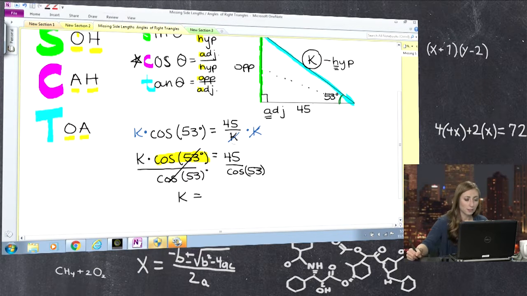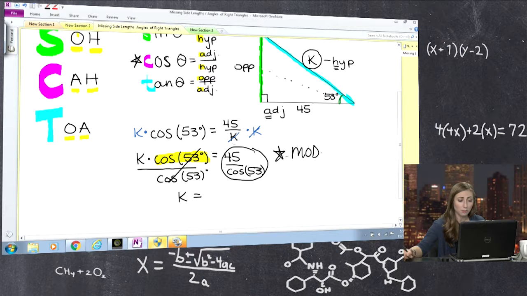At this point, you're going to need to type this into your calculator. There's one big thing you need to remember: check the mode on your calculator. On a graphing calculator, which I'm sure a lot of you use in school, you go to the mode button, which is right next to the second key.